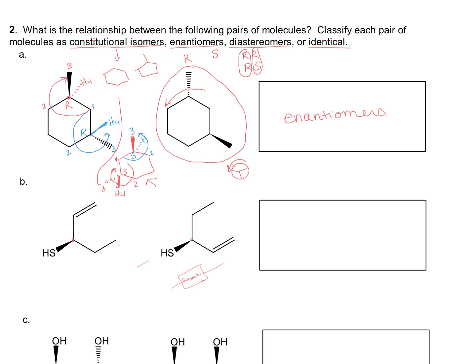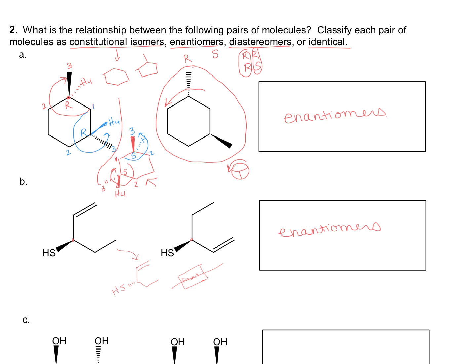So when you do that, if you're a visual person, this double bond would come here, and then your SH would be down. So when you compare the two molecules, the original and this one, you'd say they are different by two groups. The hydrogen and the SH are switched. So anytime you switch any two groups, you switch the chirality, which means that those two molecules must be enantiomers.